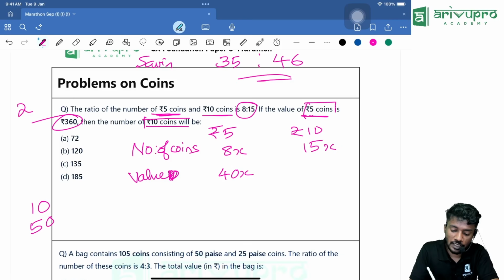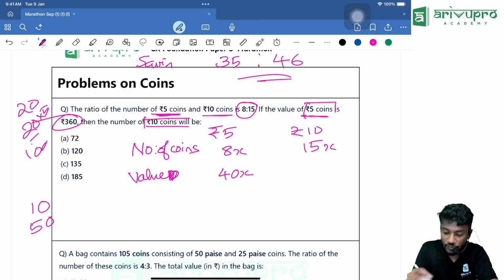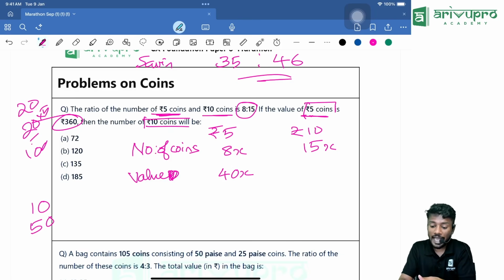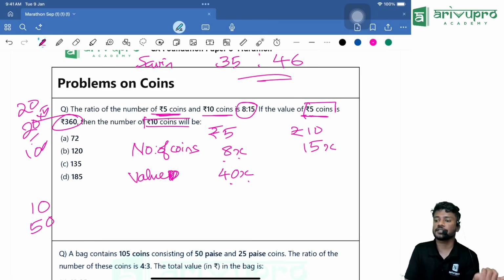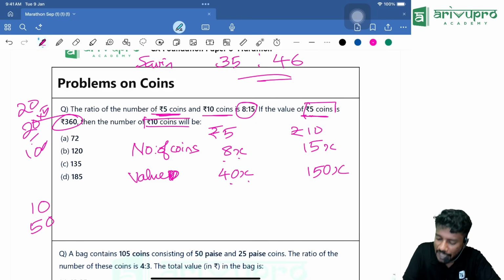If you have 25 coins, 25 into 5 is 100. We are talking about value. So 8x into 5 is 40x. Then for the 10 rupee coins, 10 into 15 is 150, so 150x.